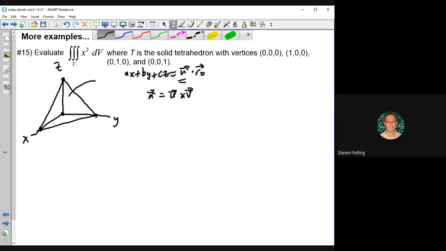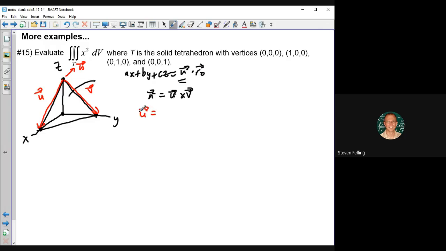So maybe what I could do is make two vectors here, a vector u and a vector v that join at the same point. Then when I take u cross v, I'll get the normal vector to the plane, which will allow me to build the equation of the plane. So what would the u vector be?